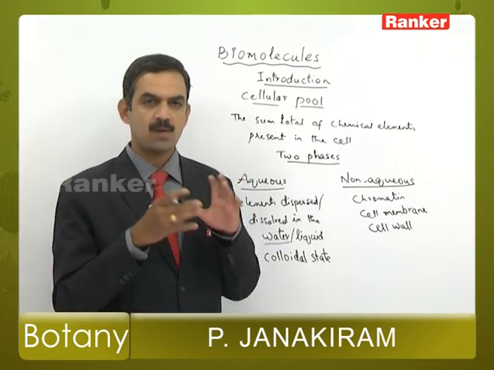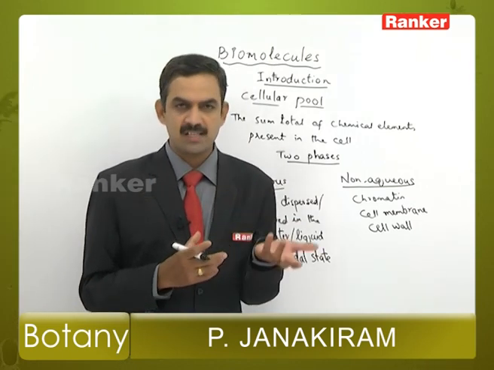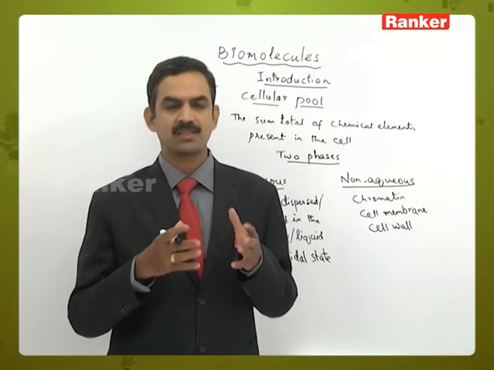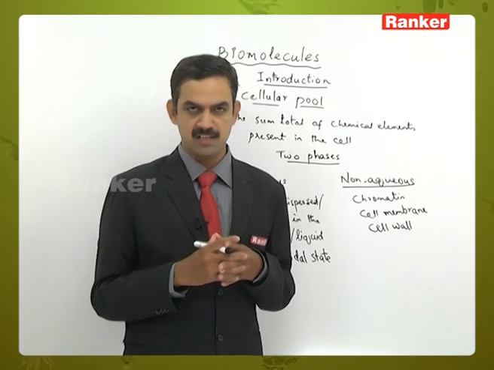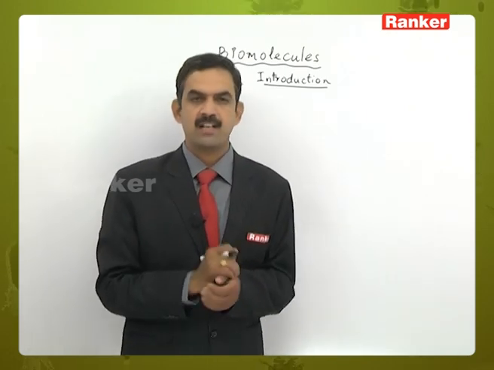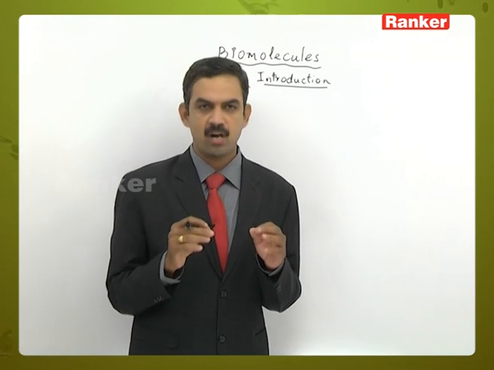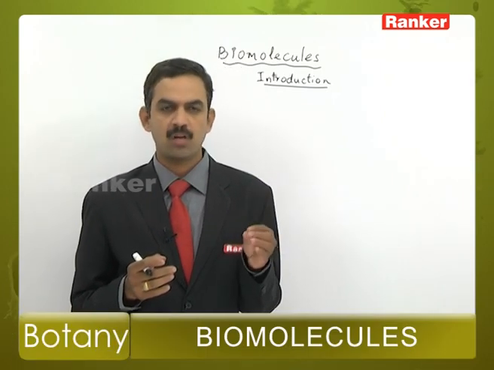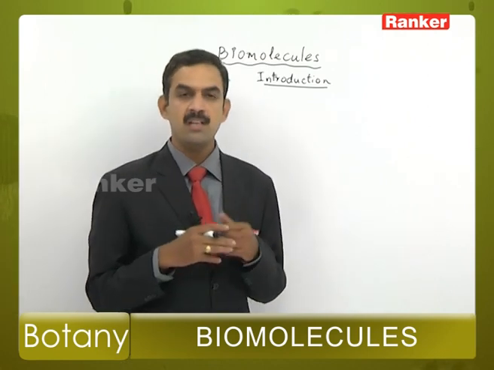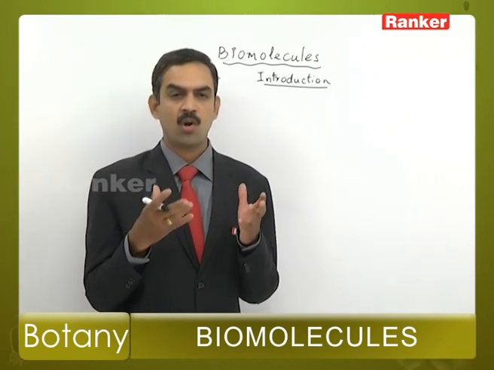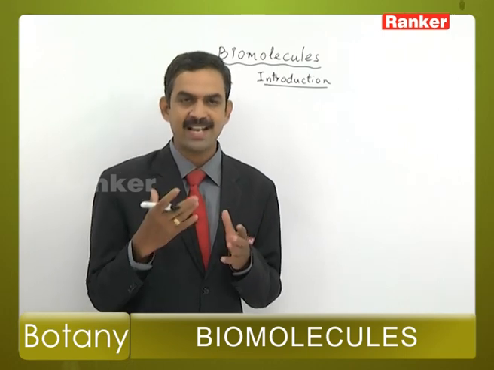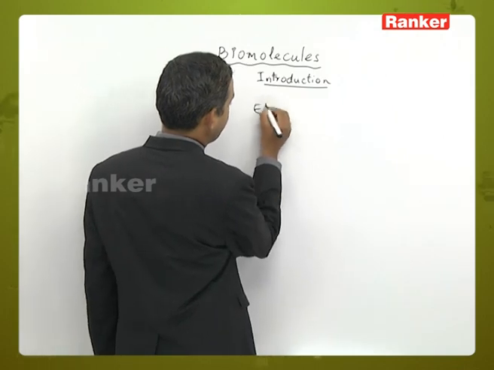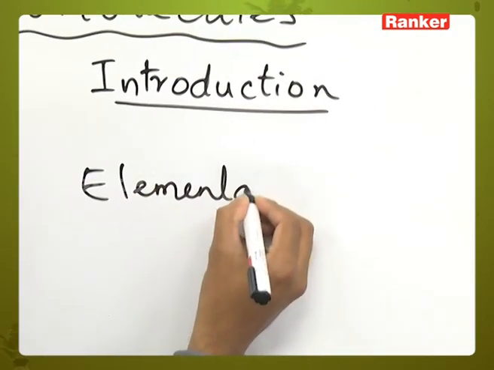So this is about the elements which are present, but which types of elements are present and how many elements are present are to be analyzed by various techniques. If you take a living system or any living organism or cell of any living organism, like a plant, an animal or a microorganism, and you want to know how many elements or what elements are present in a cell, that has to be done by elemental analysis.